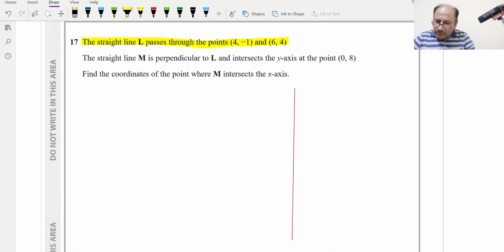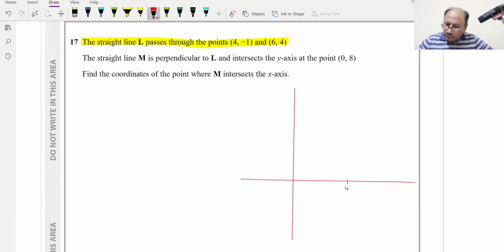I'll remove this. Now the first point is (4, -1). So 4 is up to this one, -1 is up to this one. So our point (4, -1) will be like this, and this is our point.